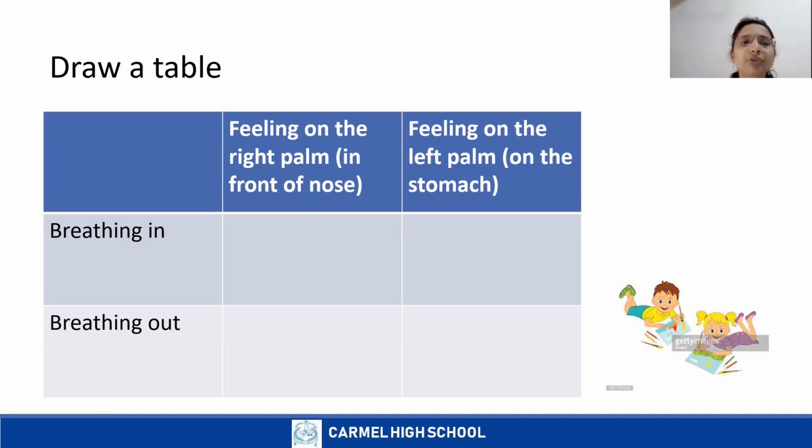Okay. Now you have to breathe in. And what changes you are able to see on right palm and left palm, just observe. Then breathe out. Again, what change is happening, just observe. Once again, breathe in and breathe out, children. Everybody is doing? Yes, very good.